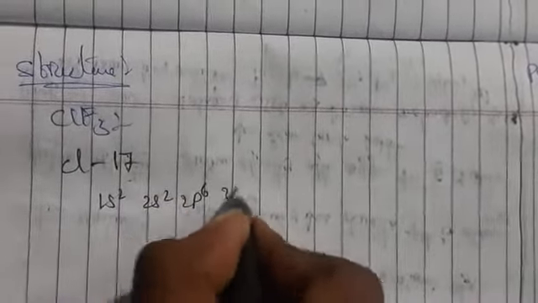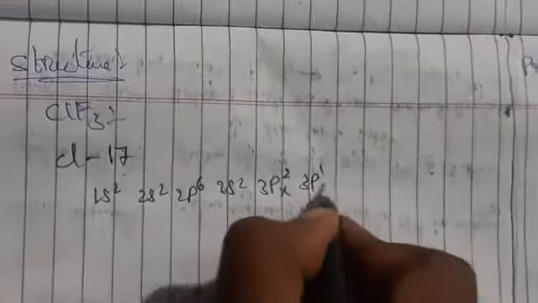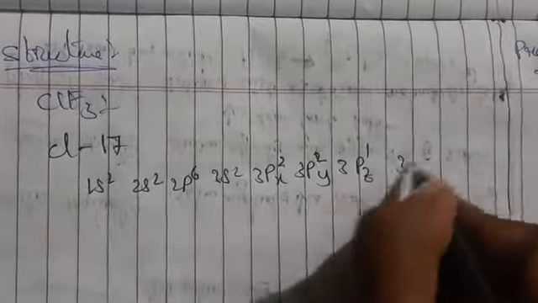Now let us see the structures, each one with examples. First, the structure of ClF3. Chlorine has atomic number 17, so the electronic configuration will be 1s2, 2s2, 2p6, 3s2, 3p2x, 3p2y, 3p1z, 3d0.